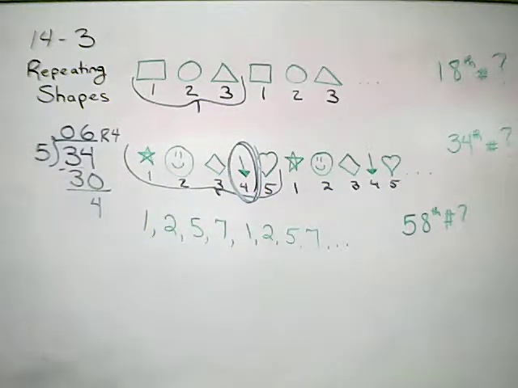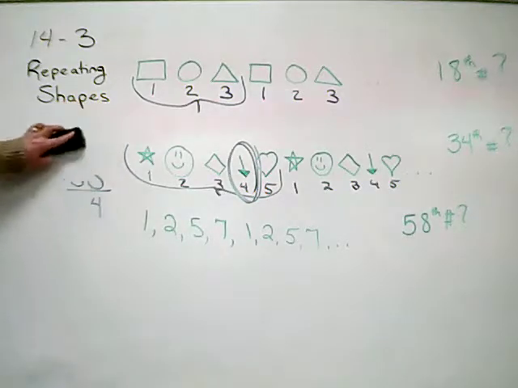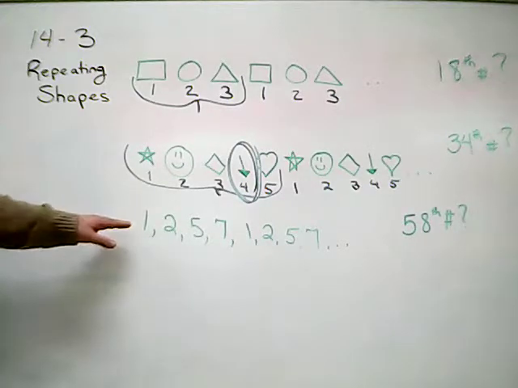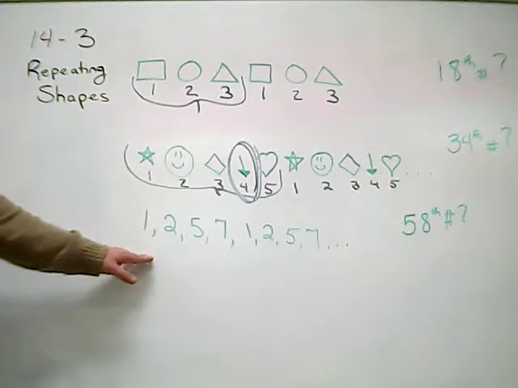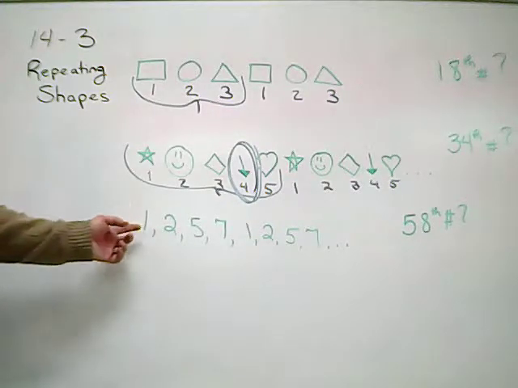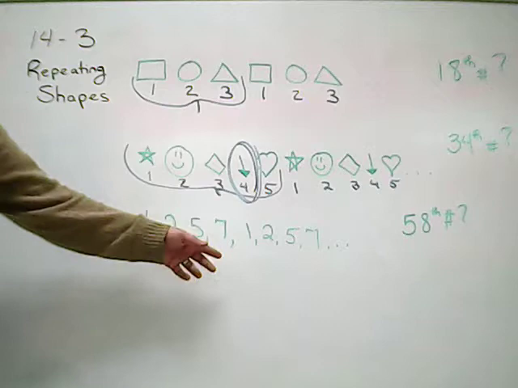We'll do one more example. And in previous sections, we've tried to find the rule. The rule might be add 4, multiply by 3, divide by 7. In this case, I just have a set of numbers that does not have a rule attached to it. There's no rule going from 1 to 2 and then 2 to 5, 5 to 7.